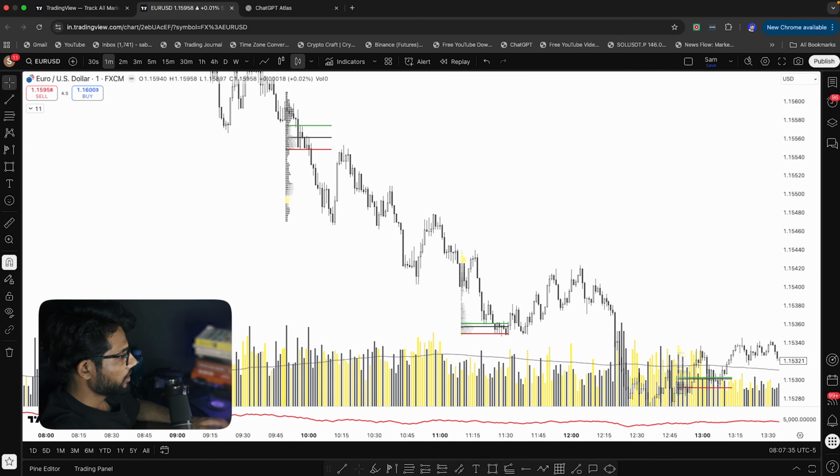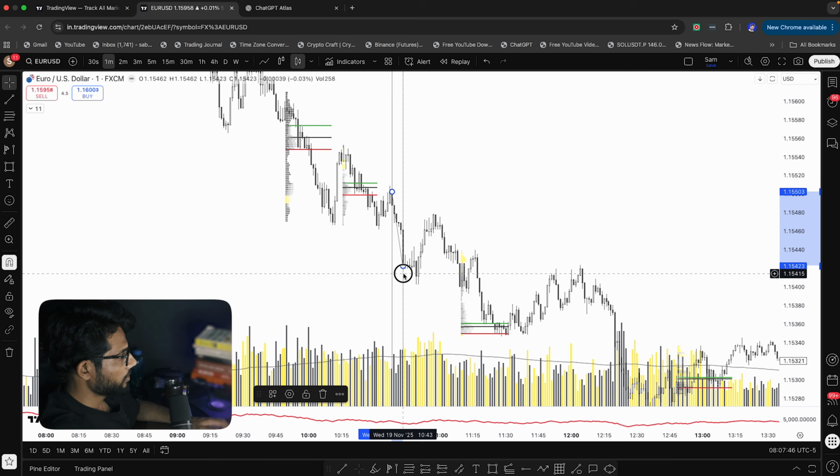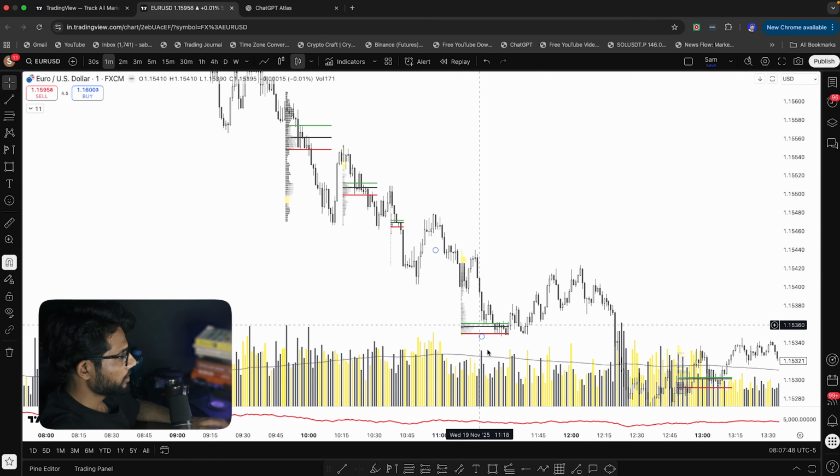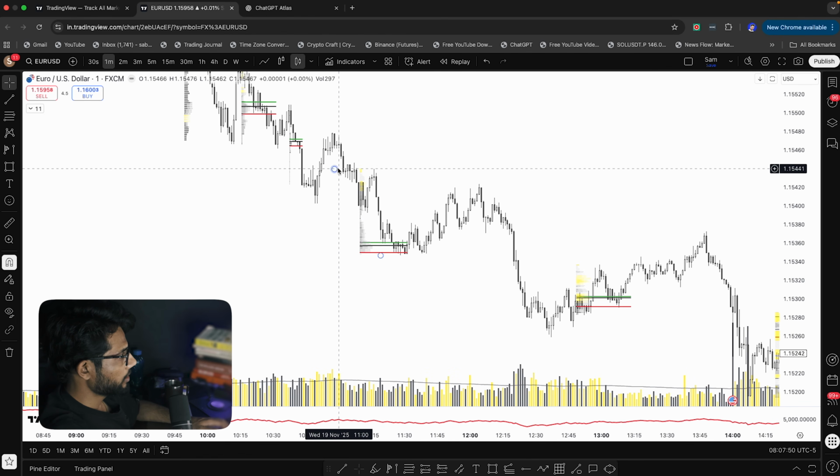Now a new one we take from here. Look at this, clean rejection. One from here, look at this, clean rejection. For some reason it is acting weird, but yeah.